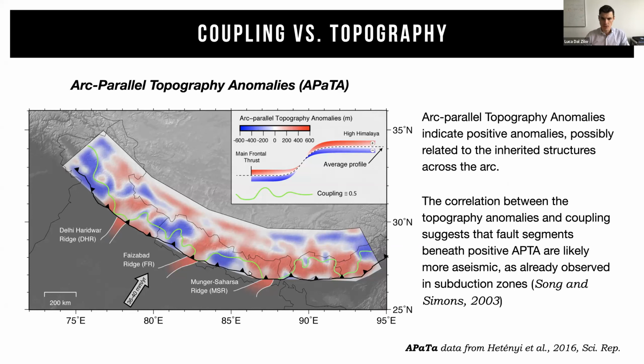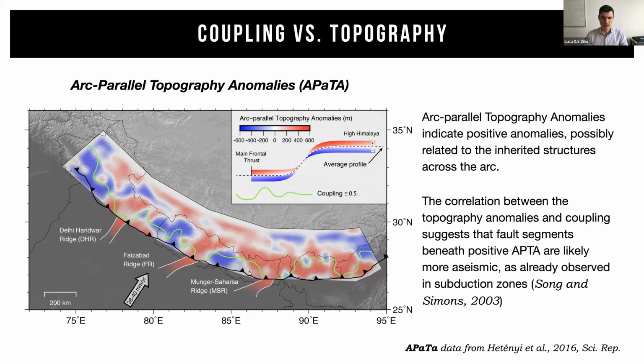This has already been proposed in the past by Song and Simons in 2003, in particular for subduction zones, because it can give us a clue on the distribution of coupling compared to the regions where the topography is subsiding interseismically because we are accumulating strain.